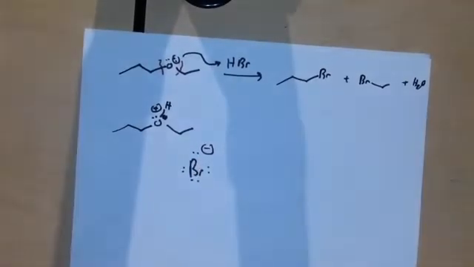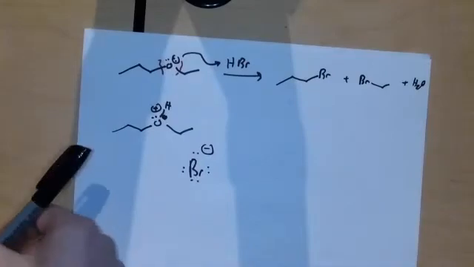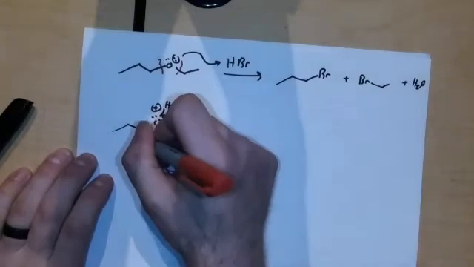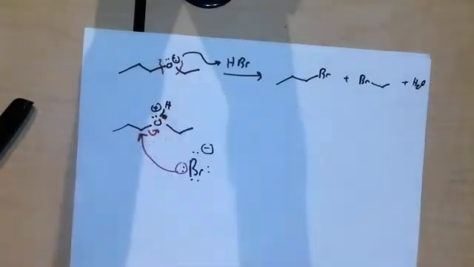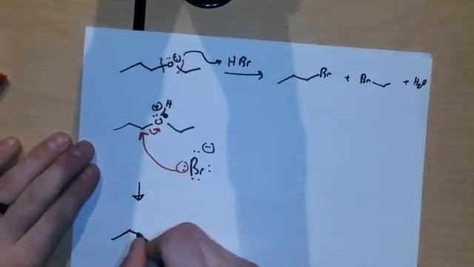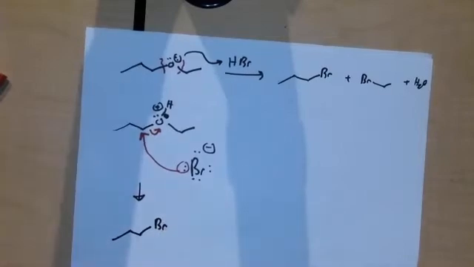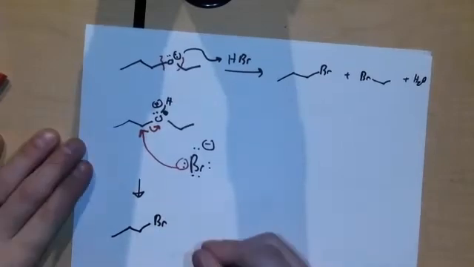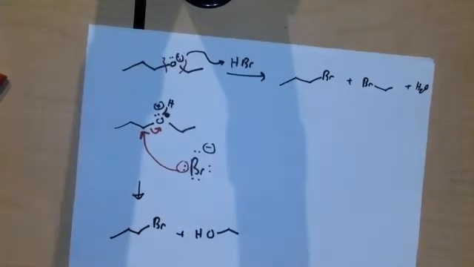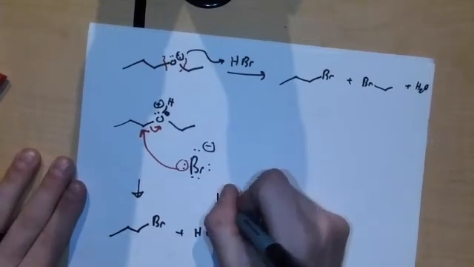I'm going to draw it attacking on the left. It really could attack the right one first. It's not really that specific. So if it attacks the one on the left first, we get this half plus ethanol. We are still in solution with HBr. We still basically have the exact same molecule.